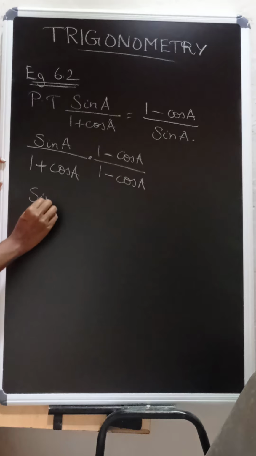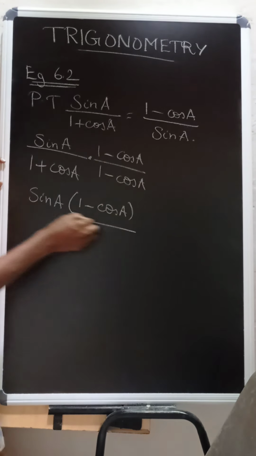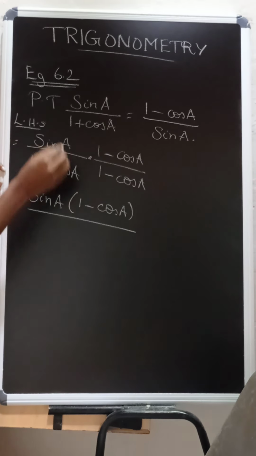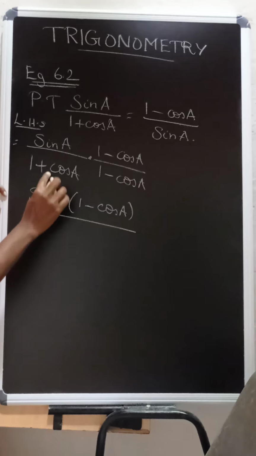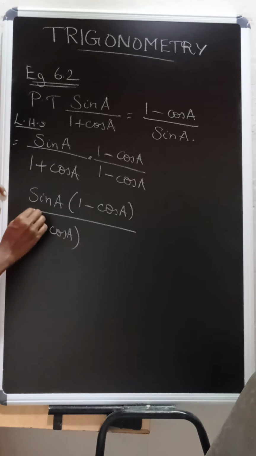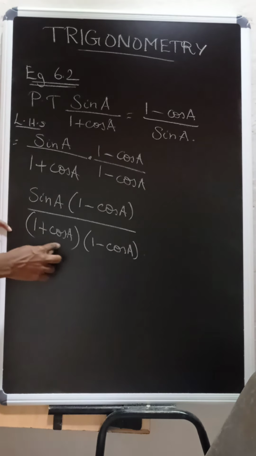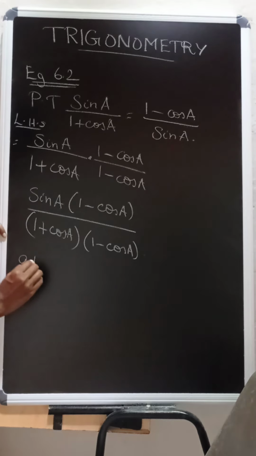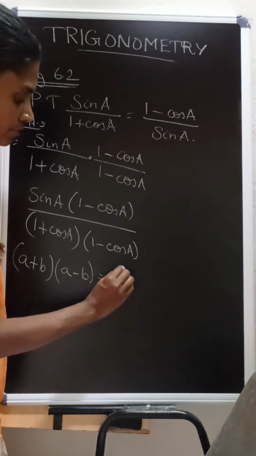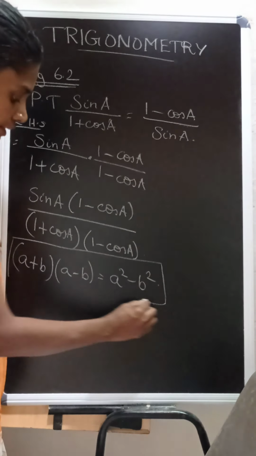Now 1 minus cos A divided by 1 plus cos A into 1 minus cos A. Now this is of the form A plus B into A minus B, which is equal to A square minus B square. This is an algebraic identity.